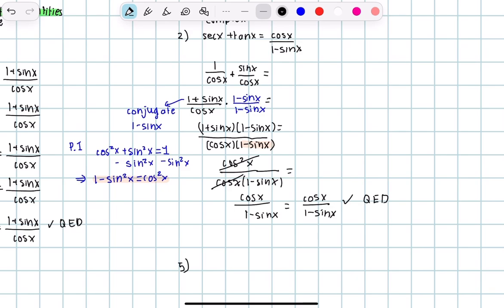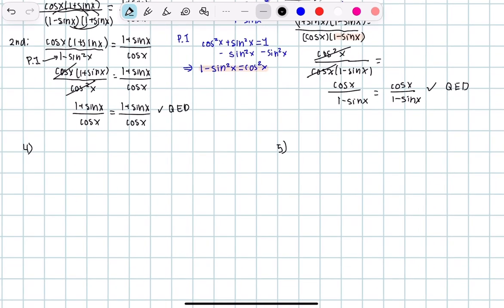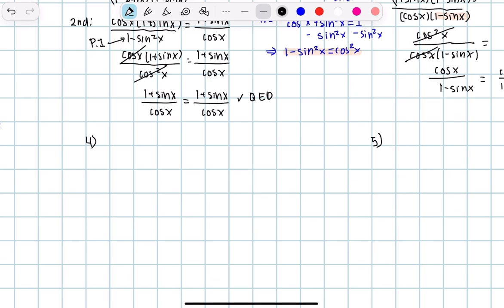Okay, let's move on to our next problem. Let's say we have 1 plus sine x divided by cosine x plus cosine x over 1 plus sine x, and this is equal to 2 secant x. So let's start with the left side as the more complex side, obviously.